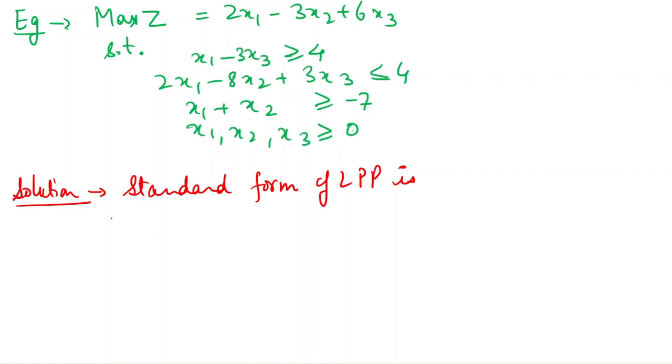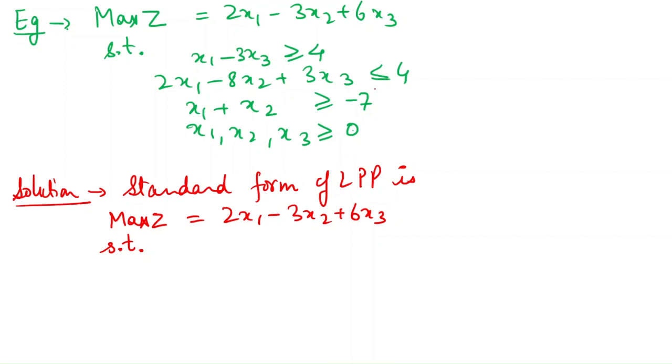First, it should be of the minimization or the maximization type. So it is given to us. Then we are talking about the constraints. Constraints must be of equality type. And then the decision variables are non-negative, it is given to us. And the fourth one was the bi's must be positive.